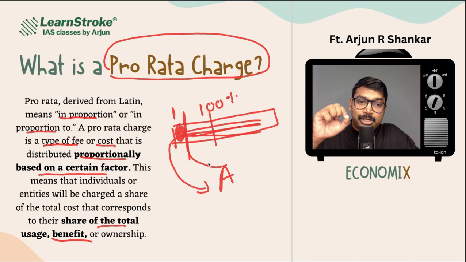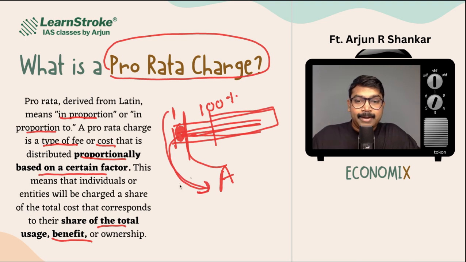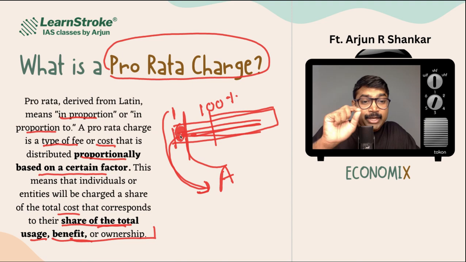A should be charged for 1. A will be charged on the portion that is being used because A is only using that. So it is the total cost that corresponds to the share of total usage, benefit, or ownership. In this case, A is only using 1.